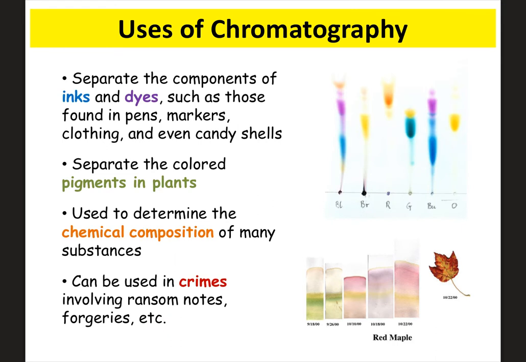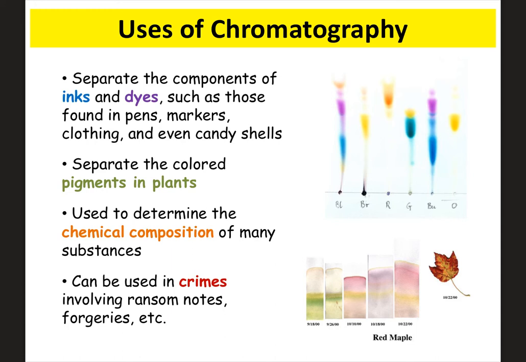Chromatography has a lot of different uses. You can use it to separate out the inks and dyes in different substances. For example, you could use this on pens or markers or even different colored candies. You can actually use chromatography to see the different colors that might be present. You can use this to separate out the pigments in plant leaves.